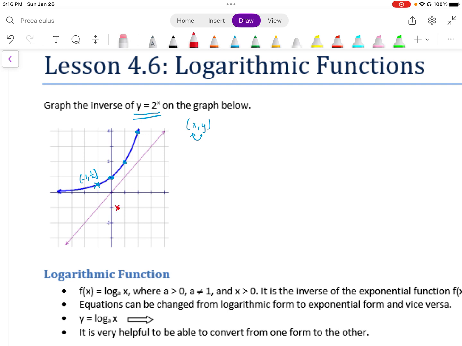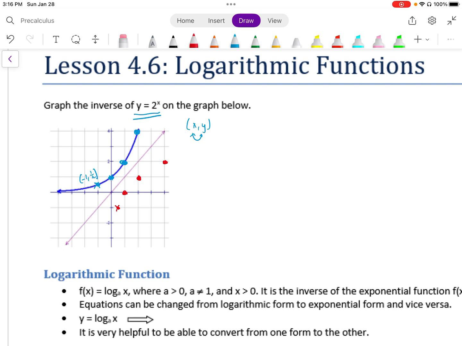The next one is the point (0, 1), and so we want to graph (1, 0). The next one we have is (1, 2), so we will graph the point (2, 1). And we have one more point up here, the point (2, 4). So the inverse of that is (4, 2).